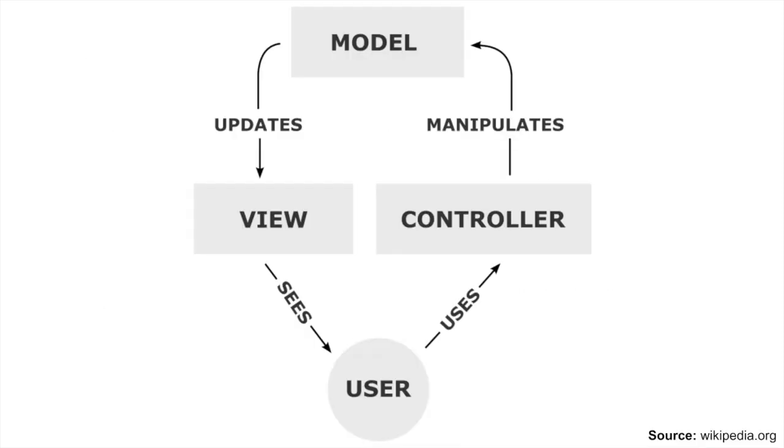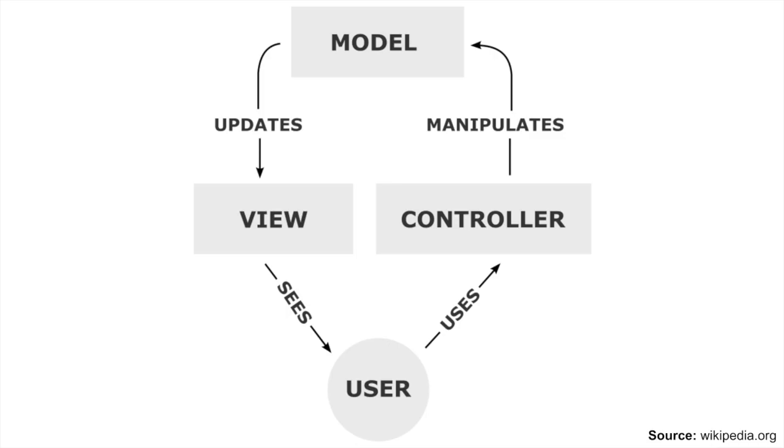So basically, you can look at it this way. If we begin from the bottom, the user issues an HTTP request through the browser, which goes towards the controller. The controller then manipulates or retrieves a model. In this case, let's say it's an article.